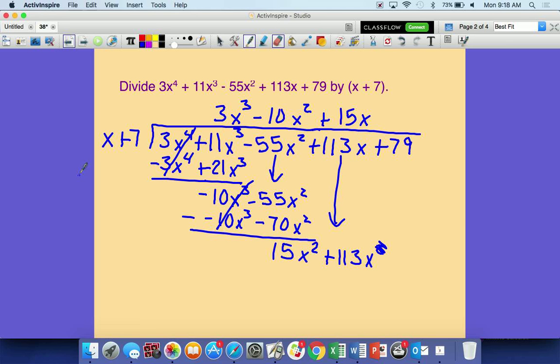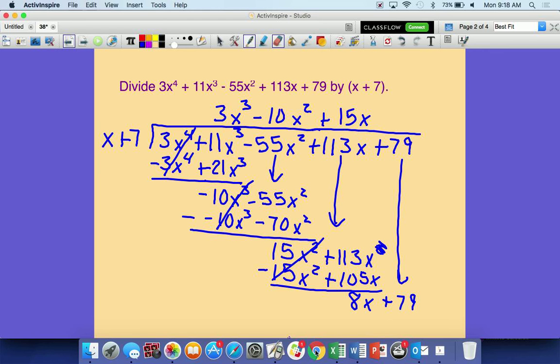X goes into 15x squared 15x times. Multiply those out, we get 15x squared. 15x times 7 is 105x. Once again, we subtract, those go away. 113 minus 105 is 8x. Bring down our 79.